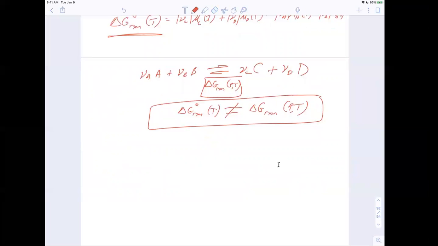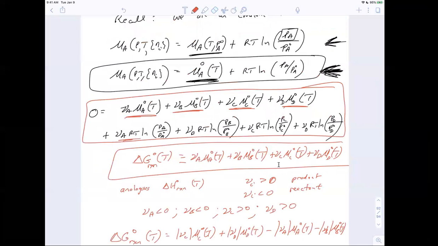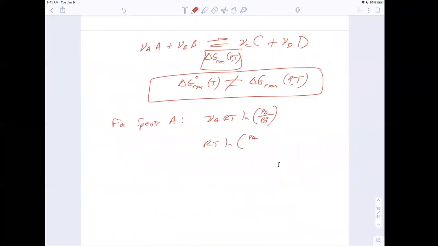Let me just say this. We have for species A, RT natural log PA over PA superscript 0. That's this term, the first term in the RT log sequence, right? But that's really just equal to RT natural log of PA over PA superscript 0 raised to the nu sub A, the stoichiometric coefficient of A. We can do that because these are logs and we can take the exponent, right?